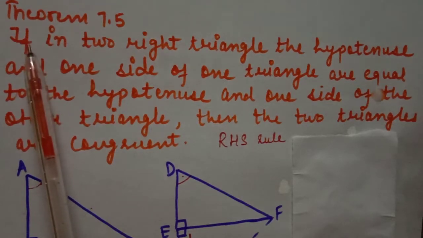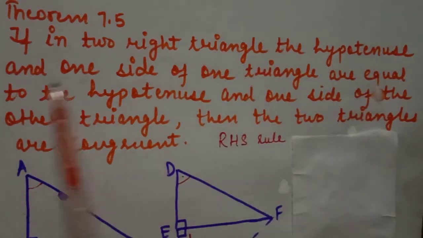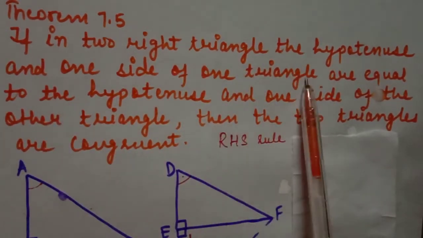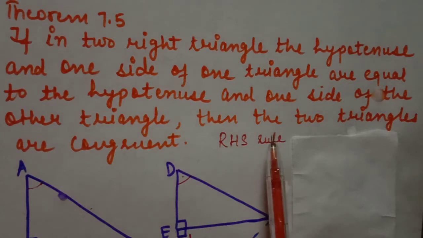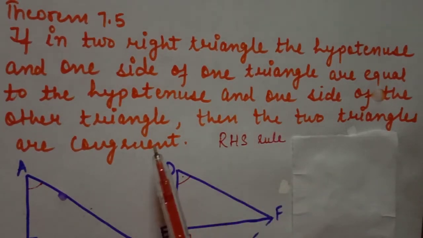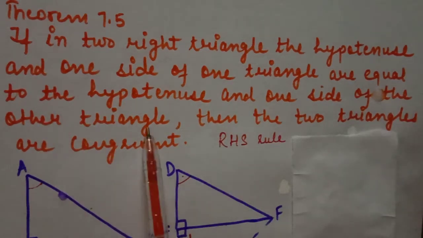So what is the statement? If in two right angle triangles, the hypotenuse and one side of one triangle are equal to the corresponding parts of the other triangle. What corresponding parts? The hypotenuse and the one side of the other triangle.